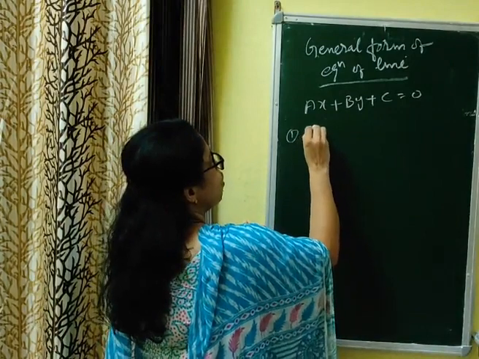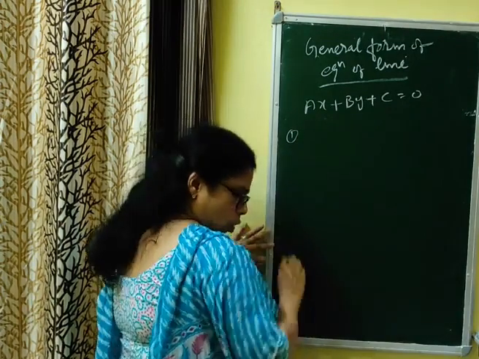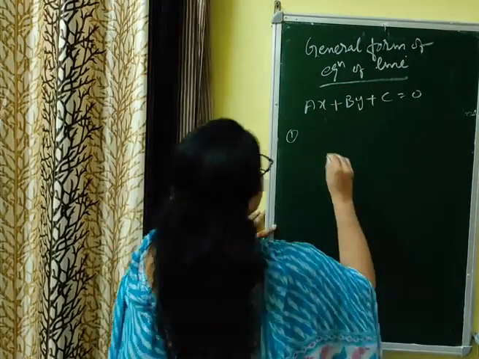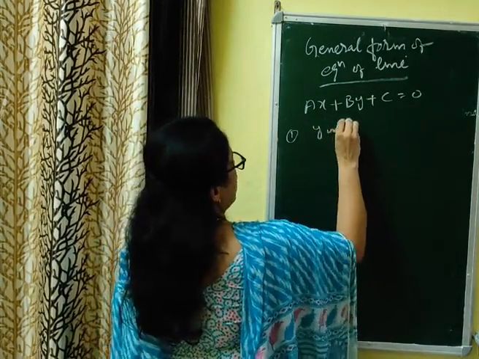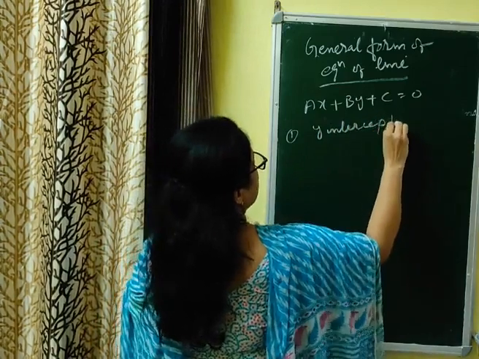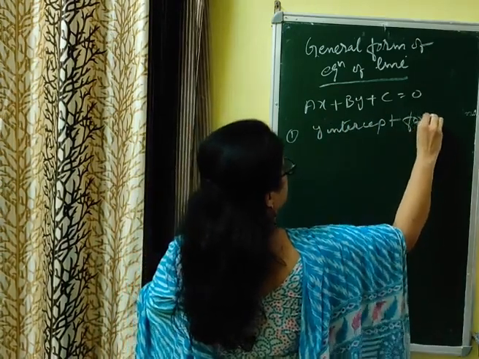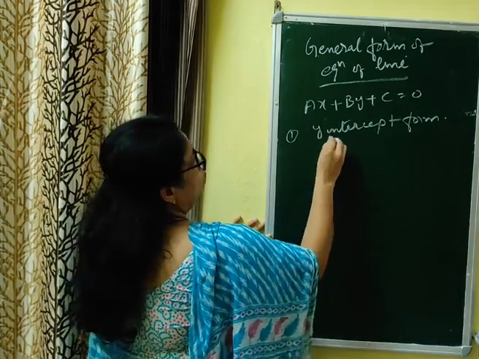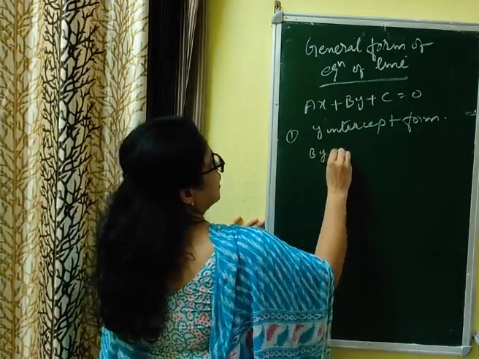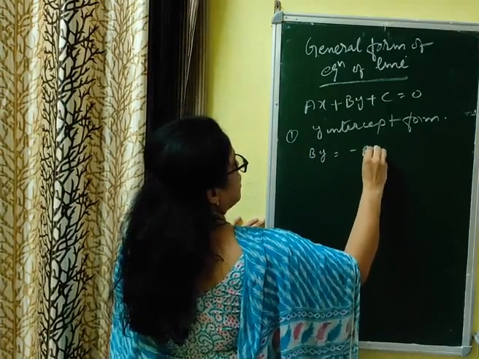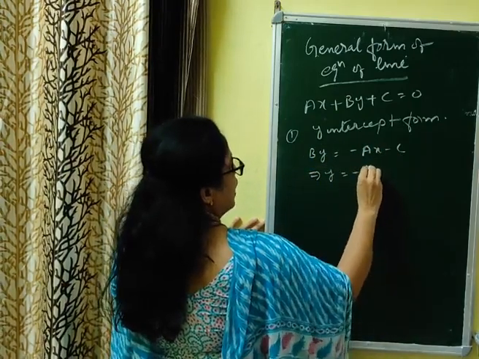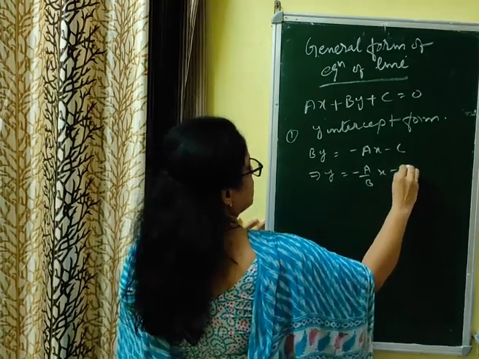First one is slope and y-intercept form. y equal to mx plus c, इस फॉर्म में कैसे चेंज करेंगे? That means we have to take y only on the left side. by equal to minus ax minus c implies y is equal to minus a by b x minus c by b.